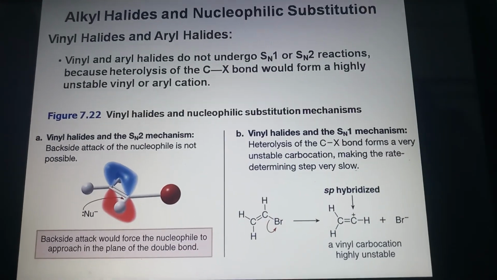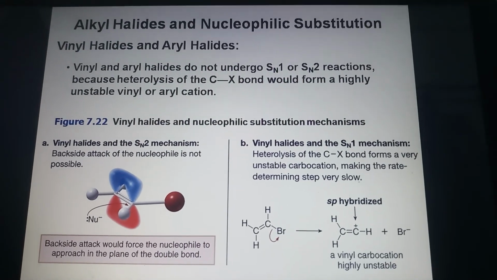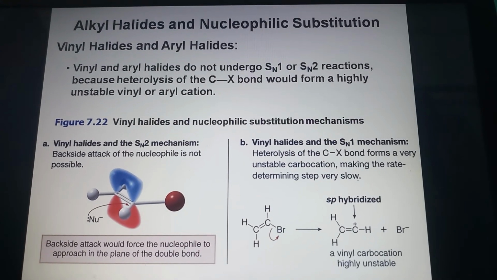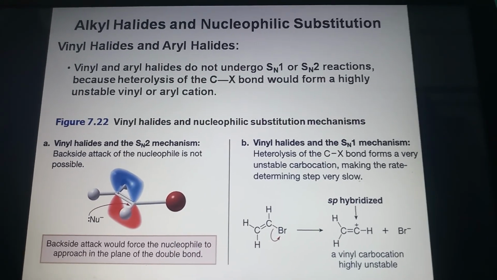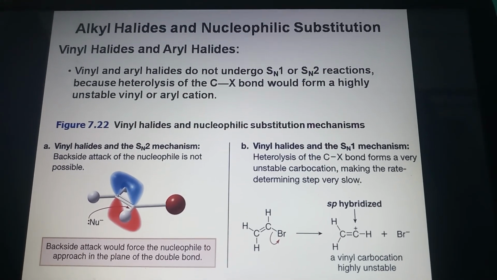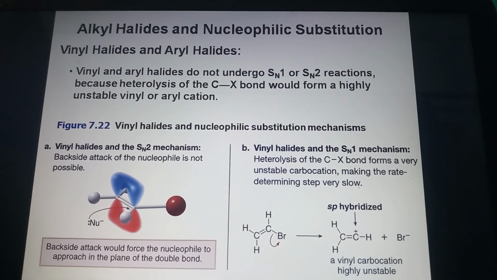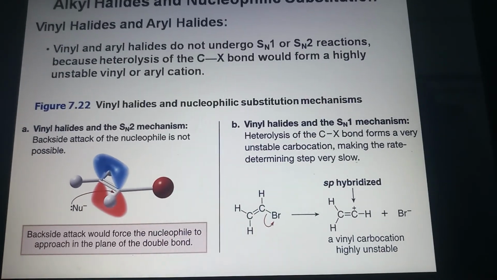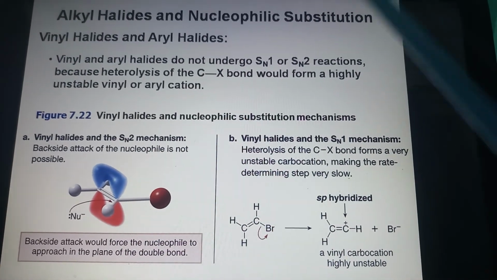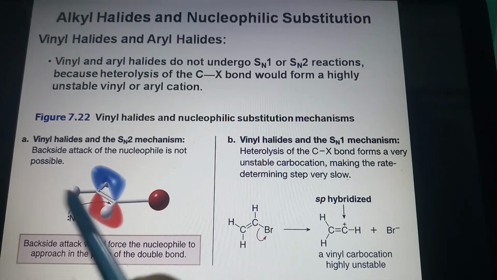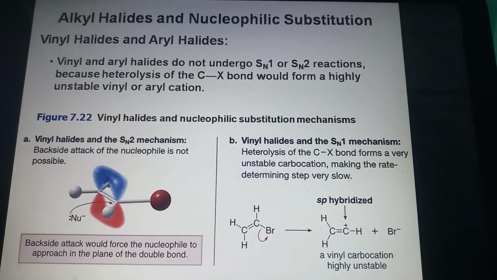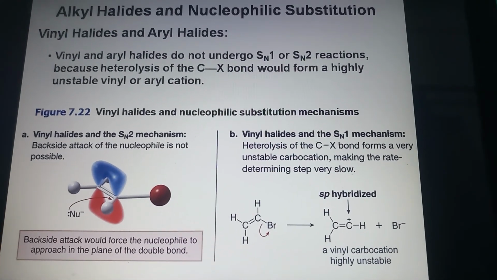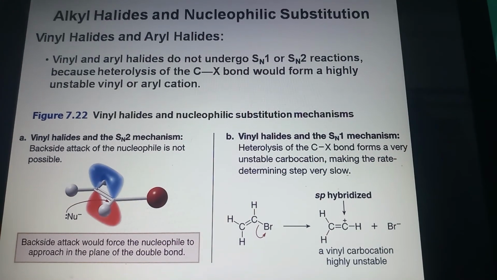Now if we consider vinyl and aryl halides. Vinyl and aryl halides do not undergo SN1 or SN2 reactions because heterolysis of the C-X bond would form a highly unstable vinyl or aryl cation. Now if we consider vinyl halides, if they undergo an SN2 mechanism, backside attack of the nucleophile is not possible because backside attack would force the nucleophile to approach in the plane of the double bond.